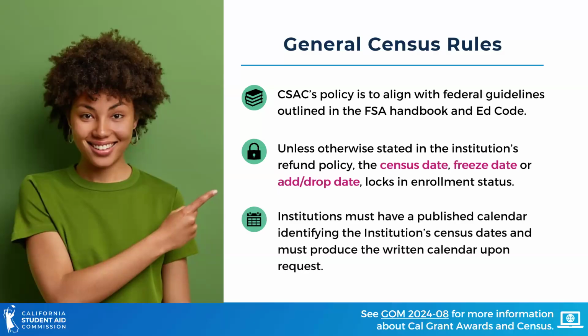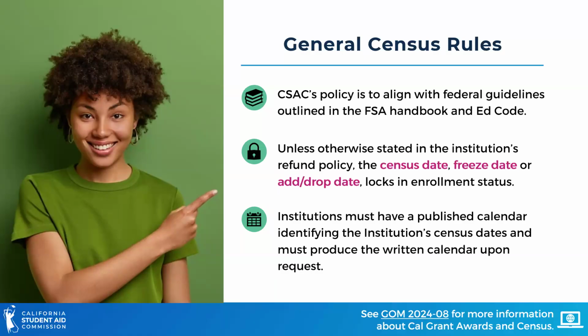Institutions must also have a published calendar that identifies their own census dates, and they must be able to produce that calendar upon request. So this should really be on your website, because students need to be aware of your institution's census dates for each term, because that's most likely going to apply to all of their other aid as well, right?